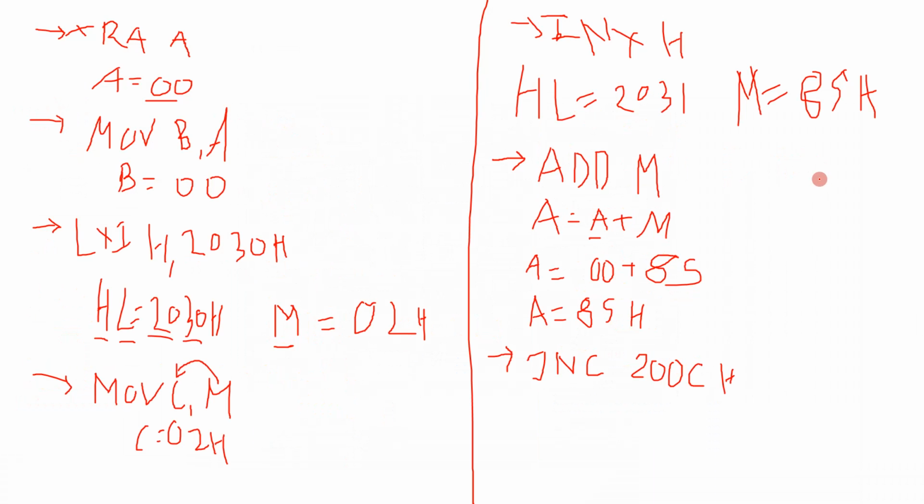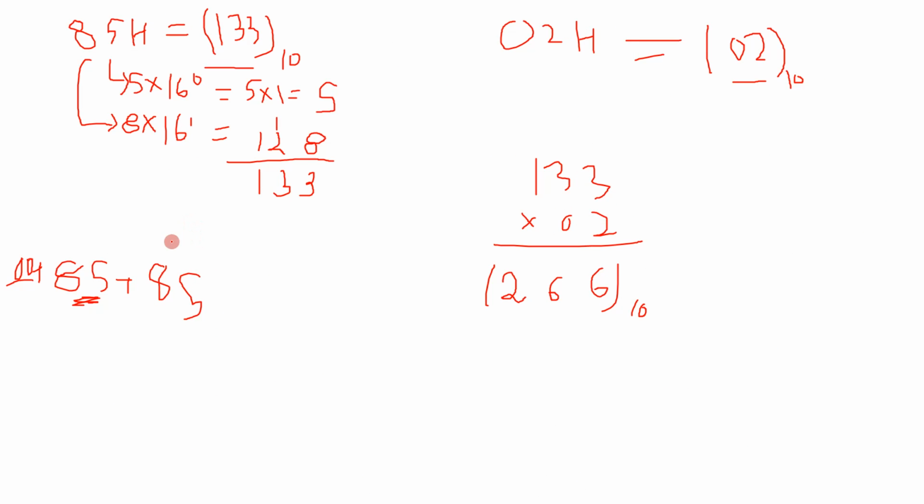DCR C. It will jump to location 200C. What is there at that location? DCR C. Why DCR C? Because we are done with this addition. We have added 85 one time.